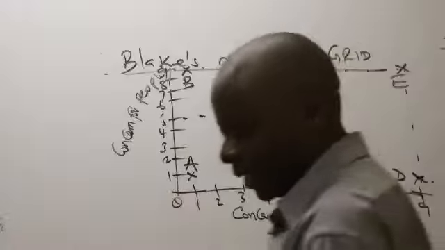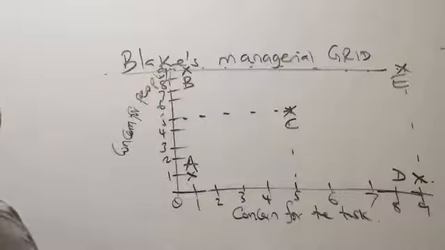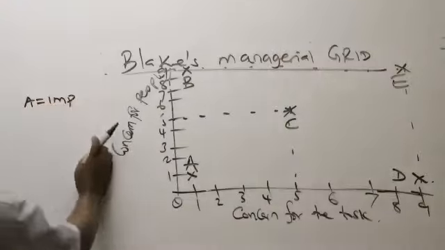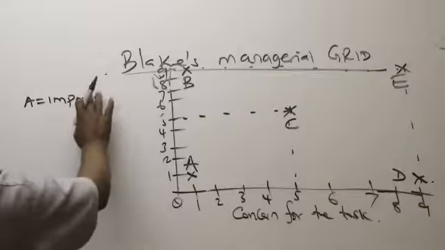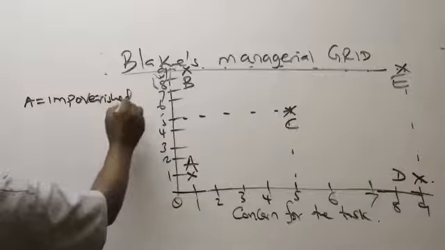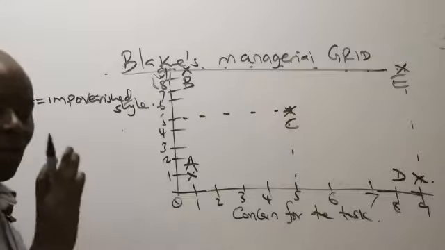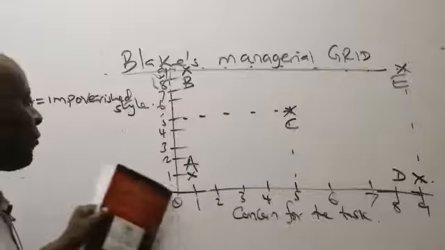Our A guy here is basically the one who exercises the impoverished style. That is A. Any manager A has got no concern for people, no concern for task.